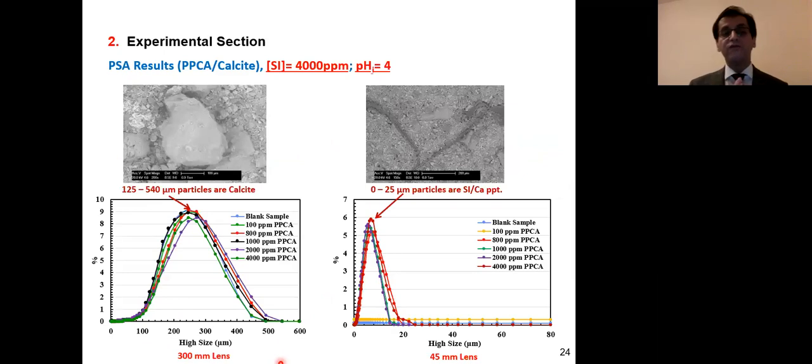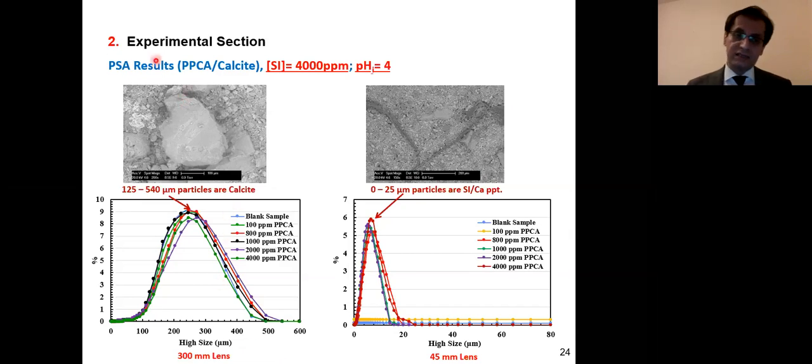Now we need to look at the bulk precipitate and the grains of calcite and dolomite by ESEM, EDEX, and particle size analysis.